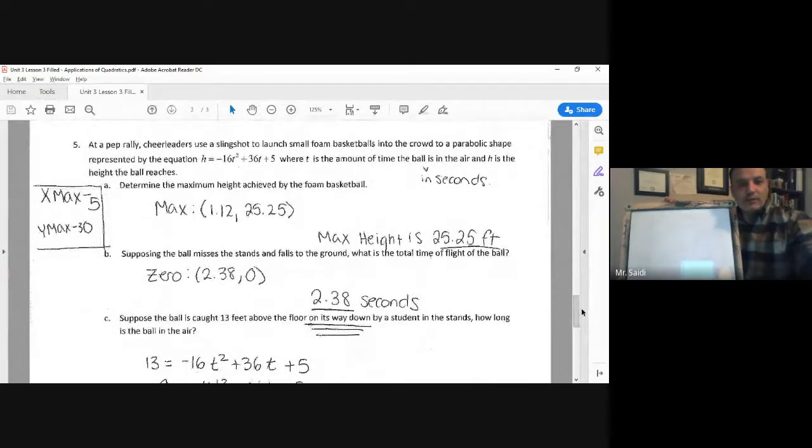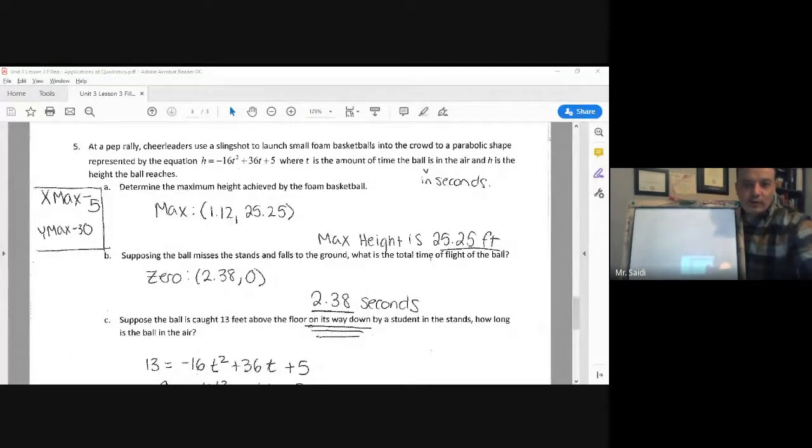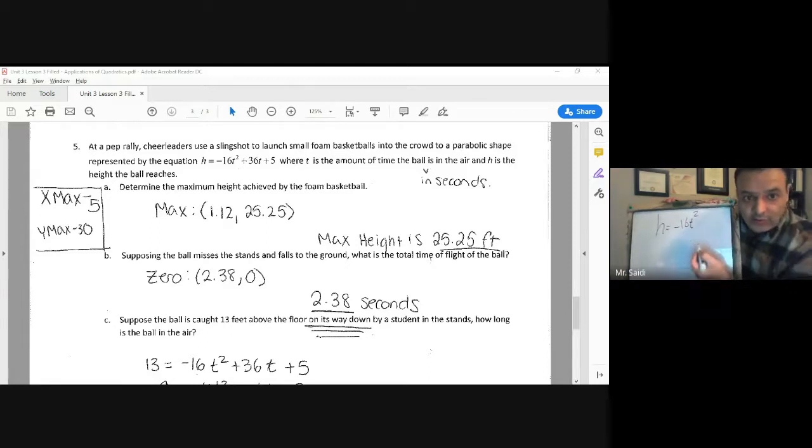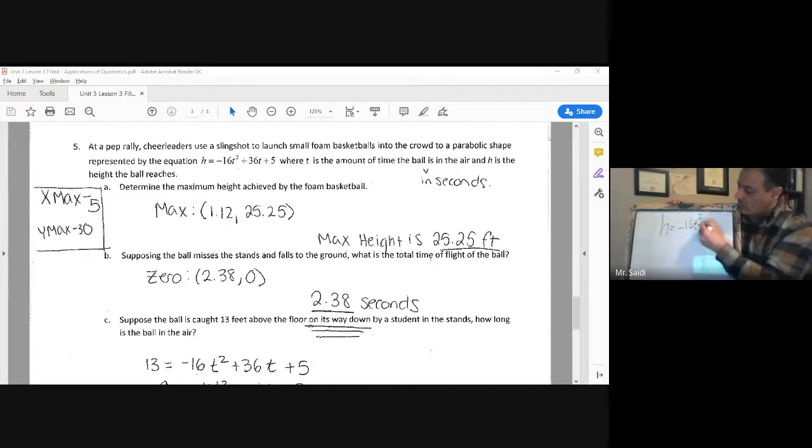It says, at a pep rally, a cheerleader uses a slingshot to shoot a foam basketball into the crowd, and they give you a function that represents that: h equals negative 16t squared plus 36t plus 5. That's the model for shooting the foam basketball into the crowd.